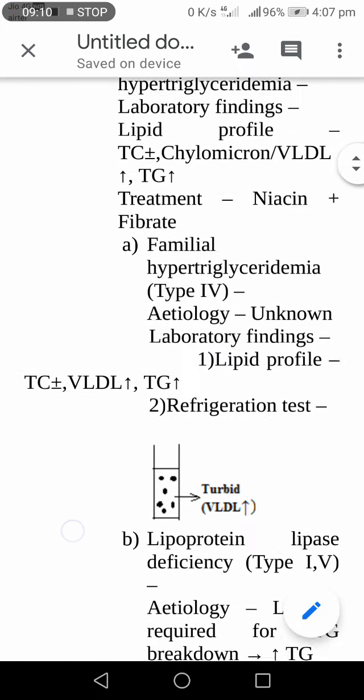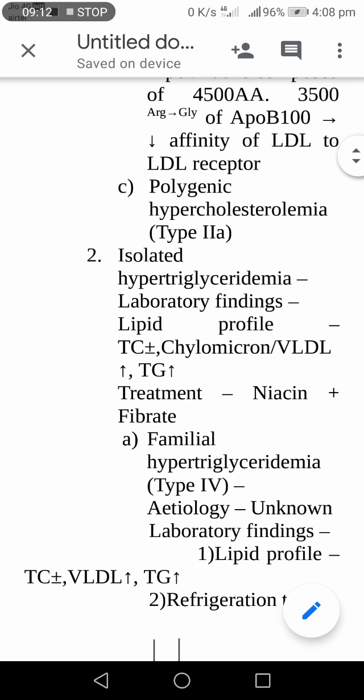In the lipid profile of isolated hypertriglyceridemia, we find that the TG will increase, VLDL will increase, or chylomicron will increase, but the total cholesterol remains in the normal level.